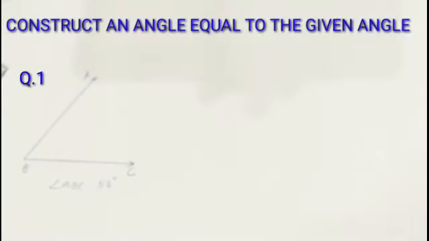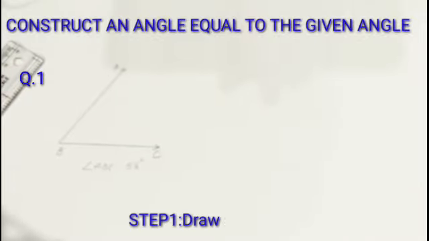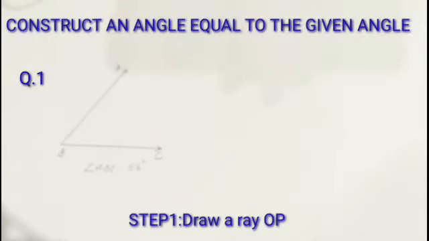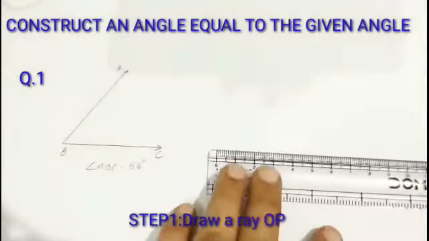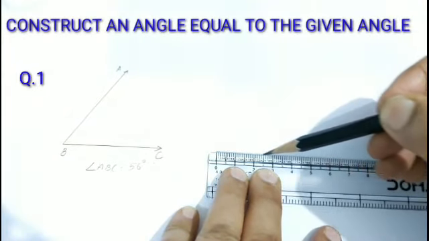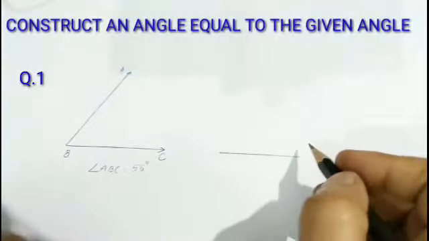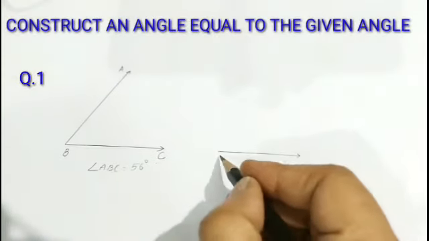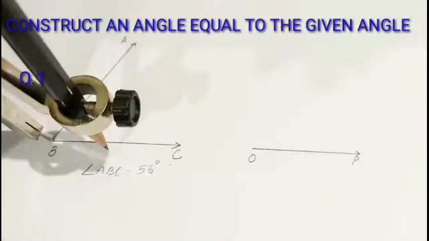Now let's move to the steps of construction. Step 1. Draw a ray OP through O. Step 2.